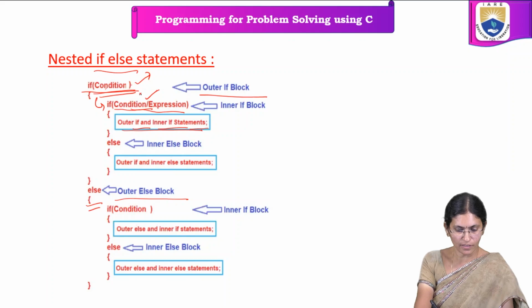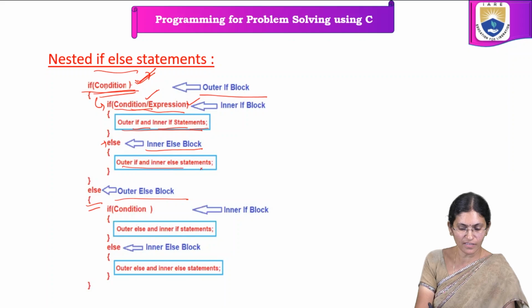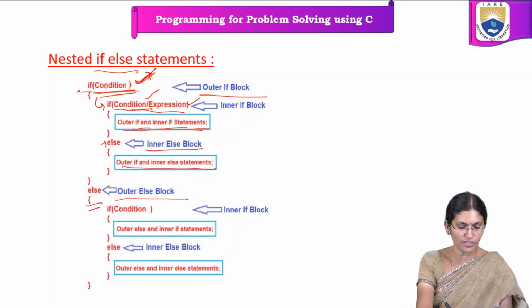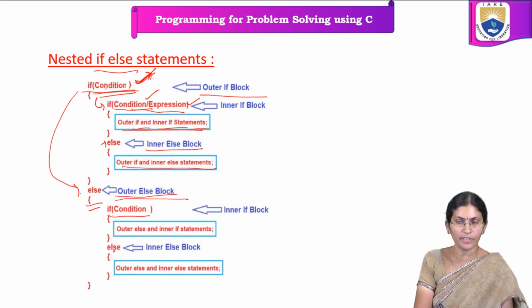If this condition is true but this condition is false, then the control is transferred to the inner else block and these statements are executed. Outer if and inner else statements are executed. If the outer condition itself is false, then the control is transferred to the else part. So here again in the else block we have included if and else.